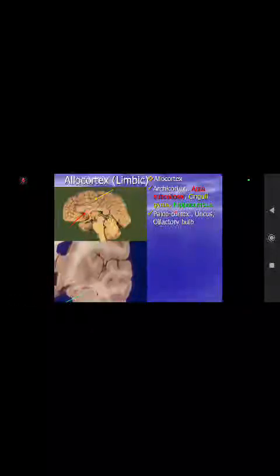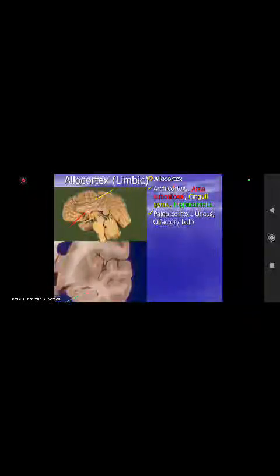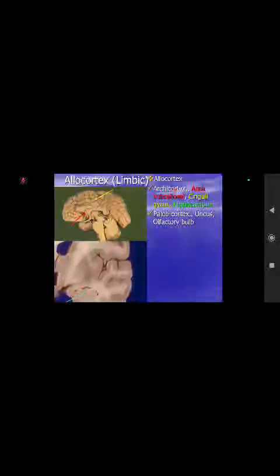These two constitute a three-layered cortex, unlike what we see in the cerebral cortex. It's a more primitive cortex that developed very early, and that was mainly for survival. So this is the limbic system.